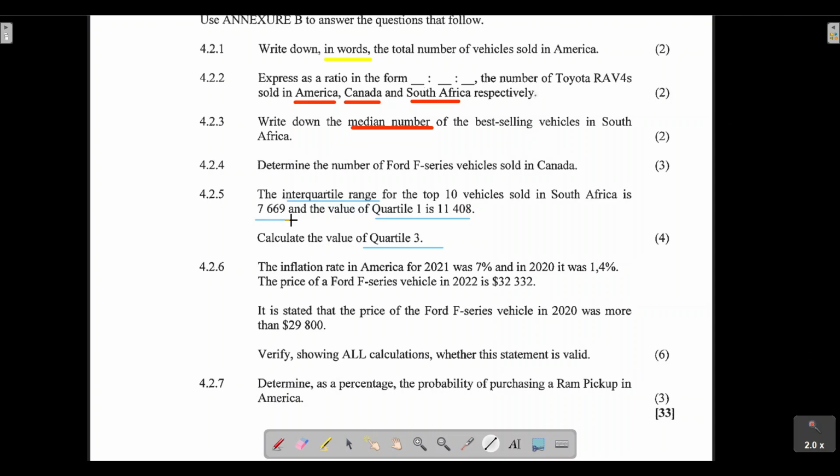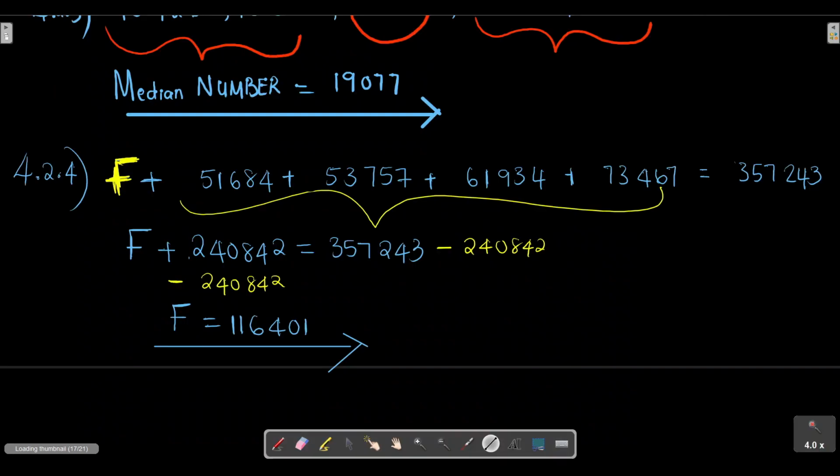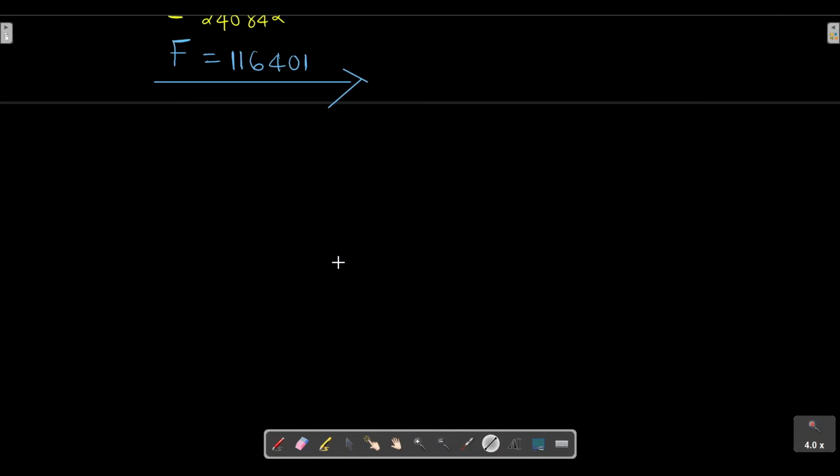So in this case, guys, what is the interquartile range? A simpler way to think about it is that we are calculating the range for our quartiles. Remember, when we're calculating range, your range is equal to your maximum value minus your minimum value.